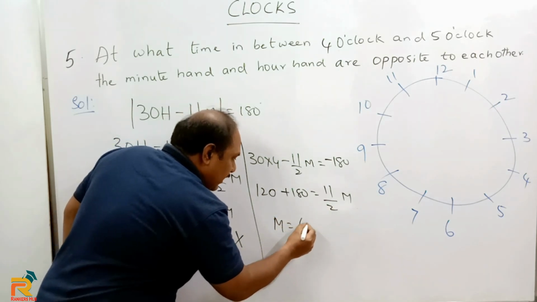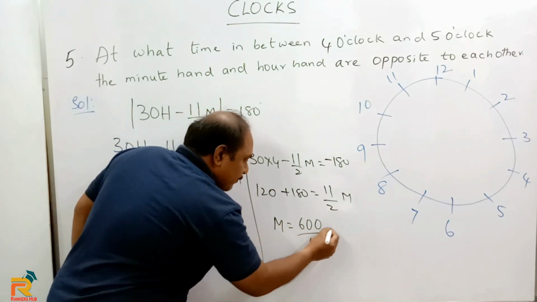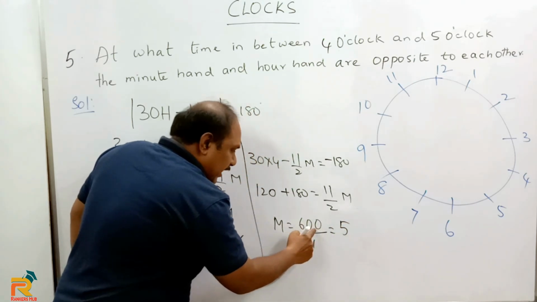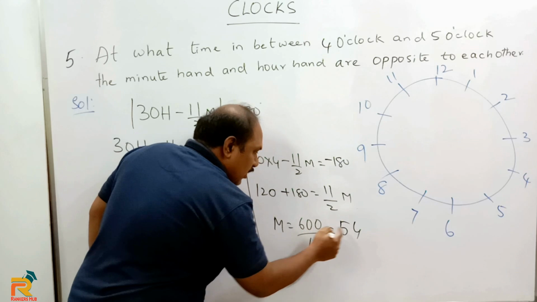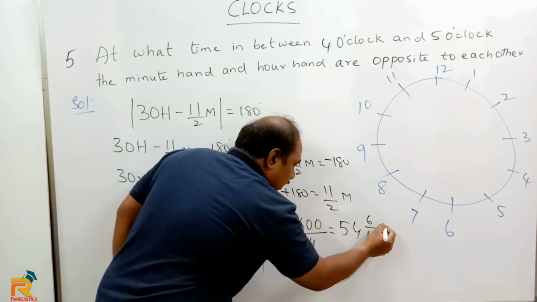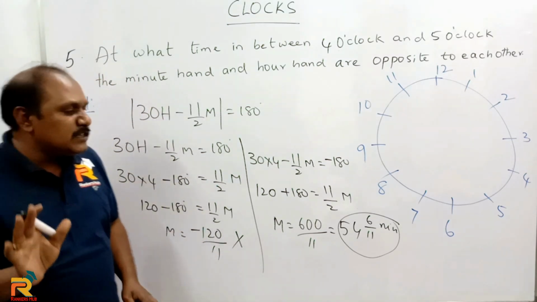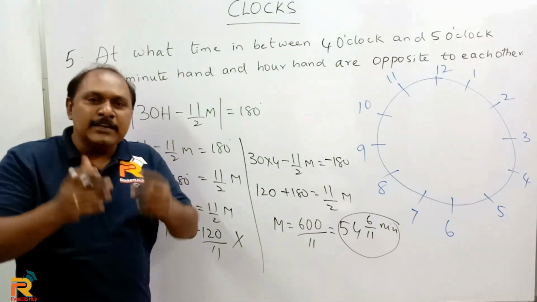So m value will be 600 by 11. 11 5s are 55, remainder again 50, 11 4s are 44, remainder 6 by 11 minutes. So the answer is 4:54, 6 by 11 minutes. They are opposite to each other.